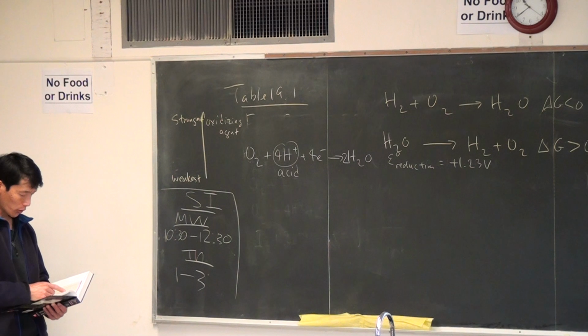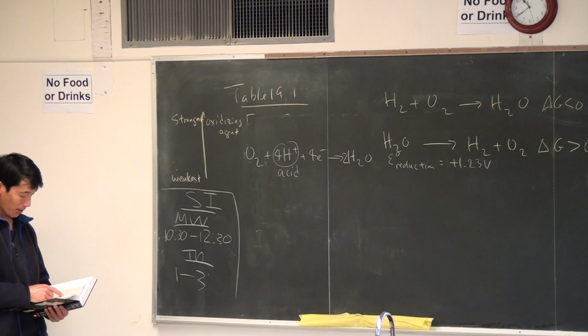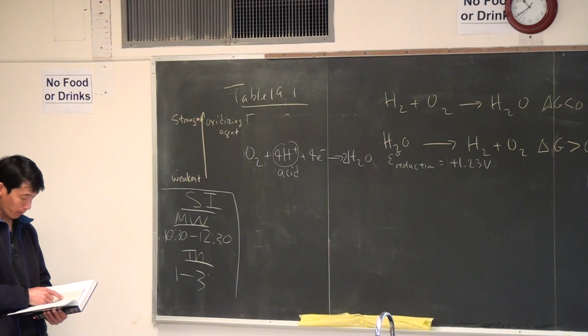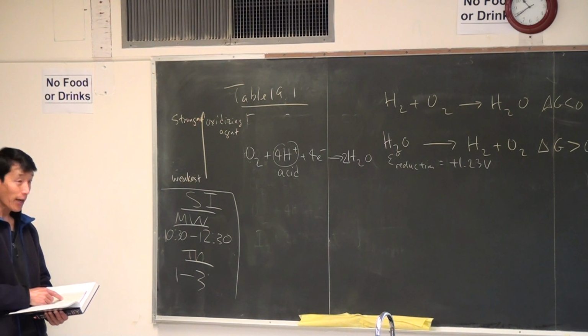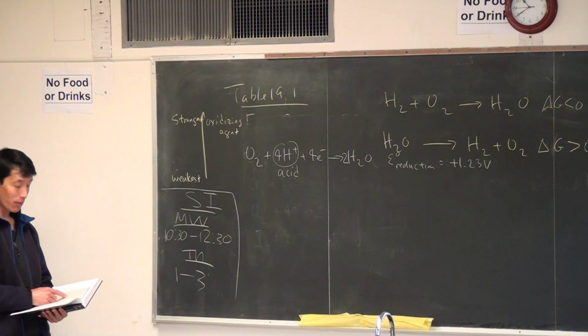Okay, do you see any other ones with either O2 or H2? There's one: O2 plus 2H+ plus 2 electrons going to H2O2. Let's not do that because we don't want to make hydrogen peroxide. So we'll skip that one. Then there's one with NO3-.